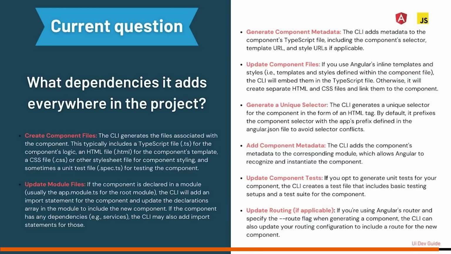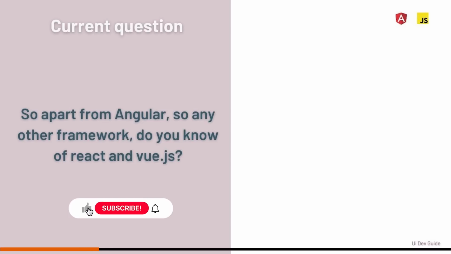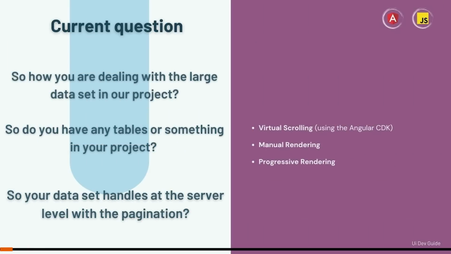Okay. Apart from Angular, do you know any other JavaScript framework? Just Angular. Okay. So how are you dealing with a large data set in your project? Do you have any tables in your project? Yes.